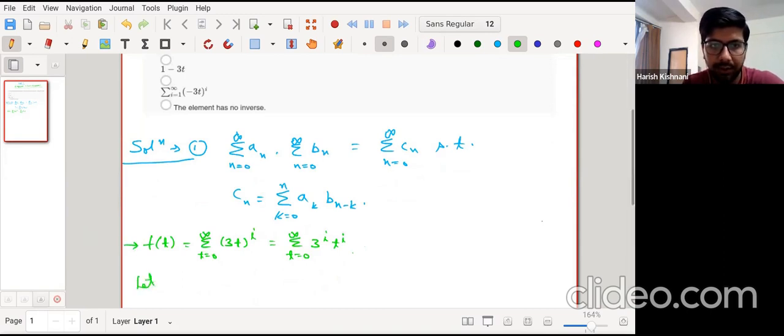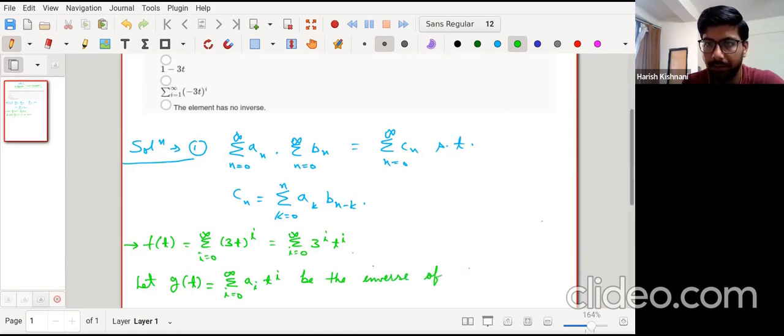So let g(t) be the sum over i equal to 0 to infinity, and let us define the coefficients to be a_i, so g(t) is the sum of a_i t^i, be the inverse of f(t).